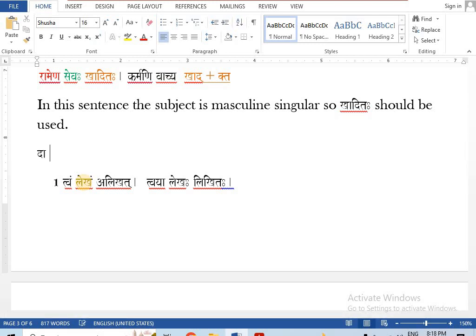Da means to give, right? And the suffix is ta. So it will not be daita. It will be datta.